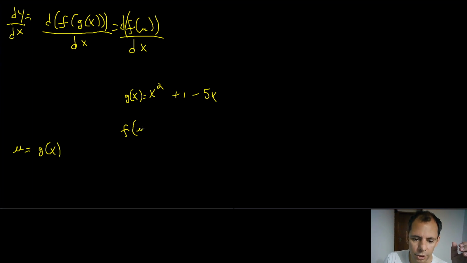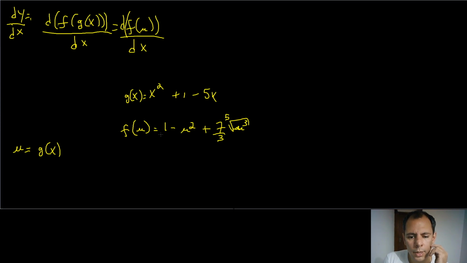It's going to be a function of u. That means that f is going to be in a format like 1 minus u squared plus 7 divided by 3 squared to the 5th of u to the third. You see, it's going to be a function of u, not of x.